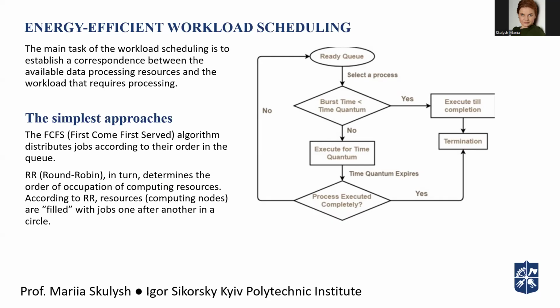Okay, you can see here the energy workload scheduling. So actually this scheduling proposes to schedule processing. The main task of workload scheduling is to establish correspondence between the available data processing resources and the workload that requires processing.